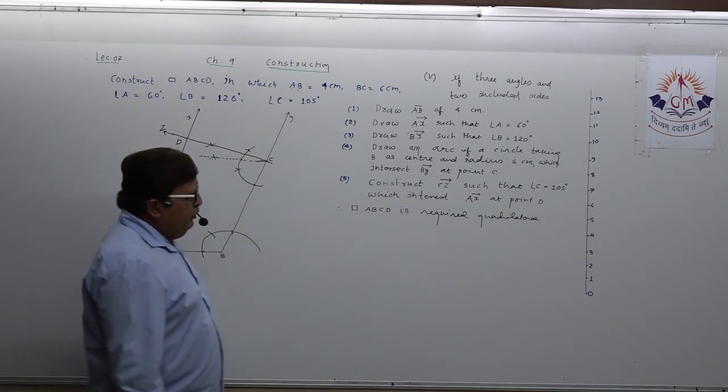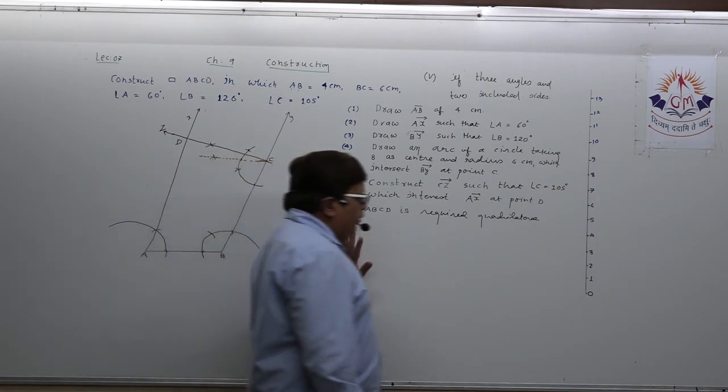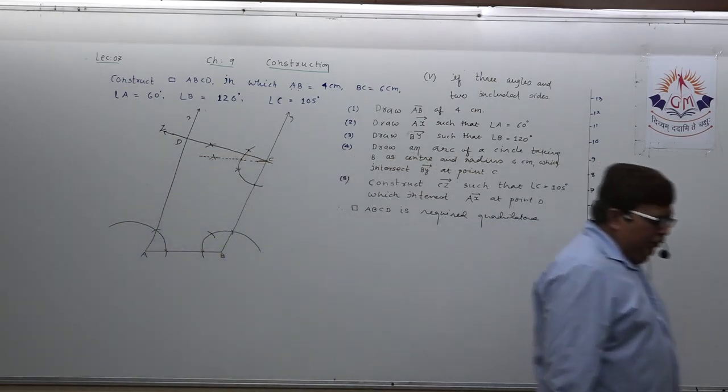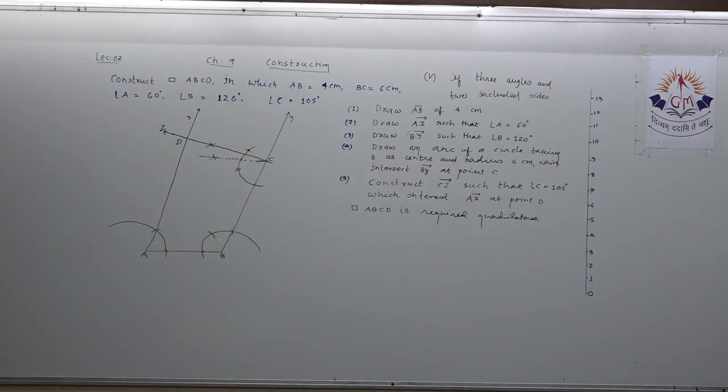I'm just giving you 2 minutes, dear student. Please verify your construction and each and every step we have written here. Just have a look at the construction which we have drawn.